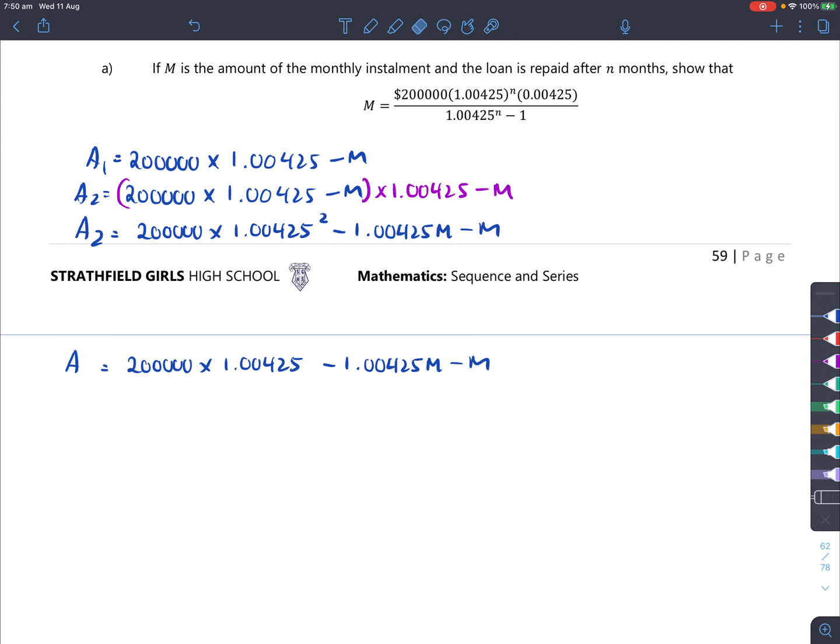So A3 will now be this whole line from A2 multiplied by 1.00425 minus m once again.